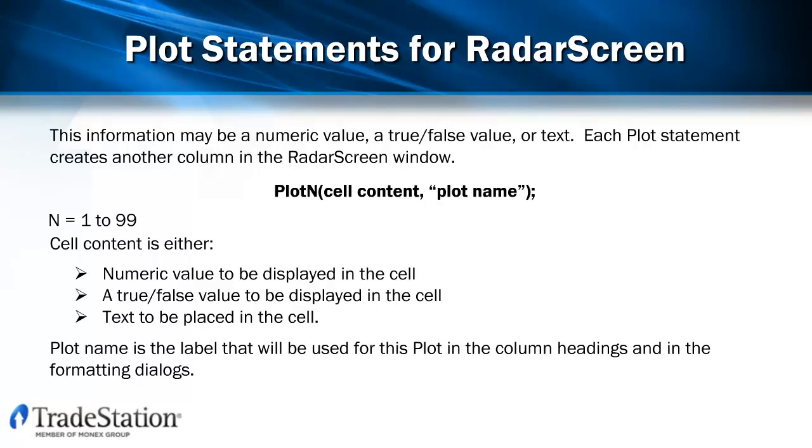Each row in radar screen is actually a chart, and you can set each row to a different bar interval for whatever your needs are, or you can set them all to the same interval. It's really an incredibly flexible and powerful tool that allows you to quickly and easily sort and rank a list of symbols on any technical criteria in a quote environment in one window. And you'll see some of the power of radar screen as we go through a couple of these exercises.